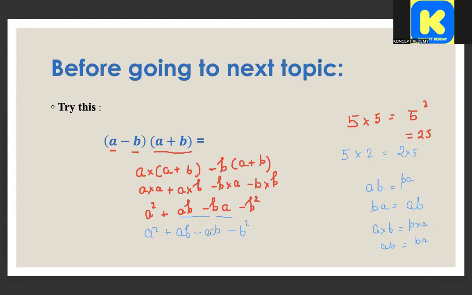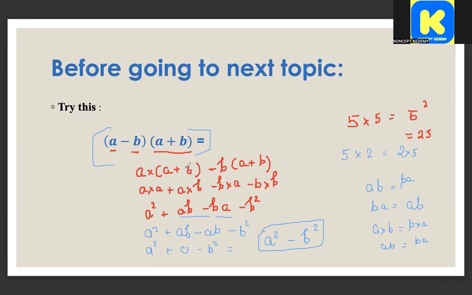So ab minus ab will be 0, so at the end, we are getting a square minus b square. So this is the final answer we are getting from this question, a minus b and a plus b.